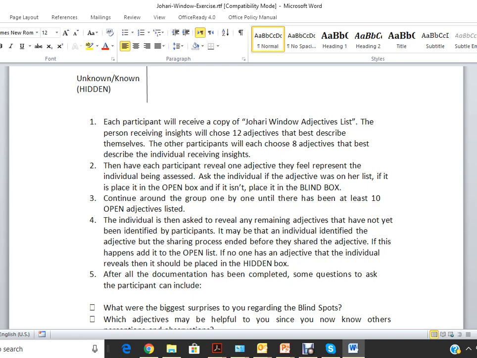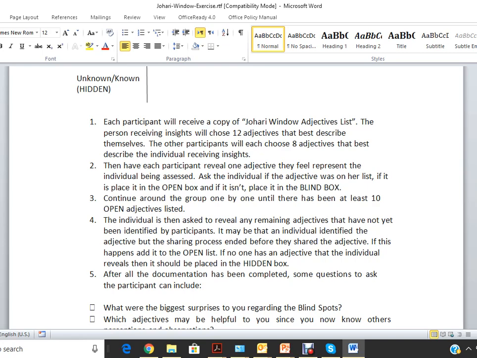Third step, you should continue around the group one by one until there have been at least 10 open adjectives listed. The individual being assessed is then asked to reveal any remaining adjectives that have not yet been identified by participants. It may be that a participant identified the adjective, but the sharing process ended before they shared it.